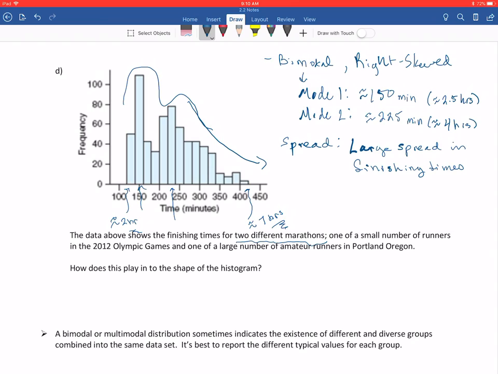Well, I certainly think that's causing the bimodalness. Because mode 1 is probably for the Olympic runners, and mode 2 is probably your amateur runners.